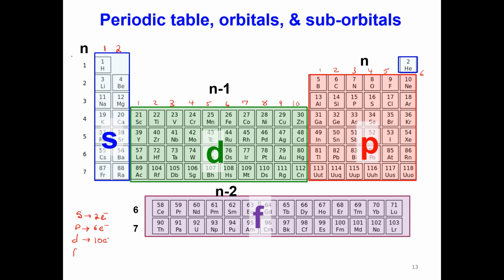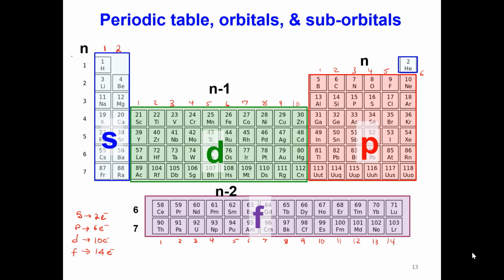And also the F shell holds up to 14 electrons. And this is why we have 1, 2, 3, 4, 5, 6, 7, 8, 9, 10, 11, 12, 13, 14.